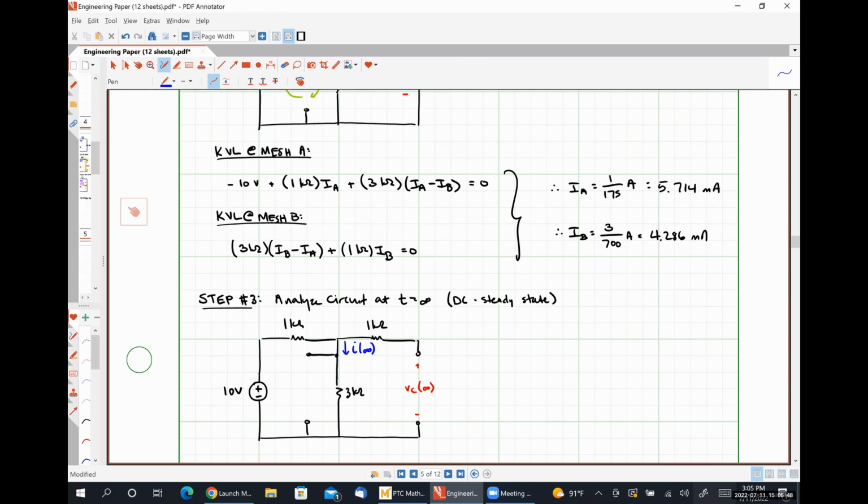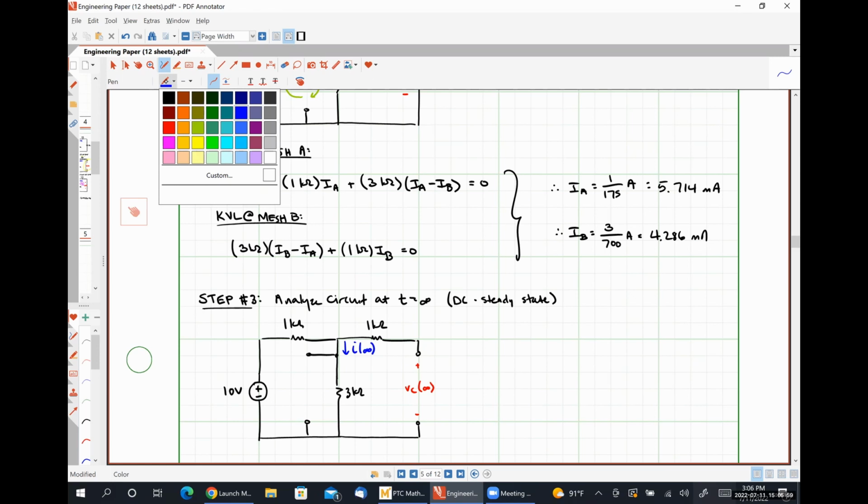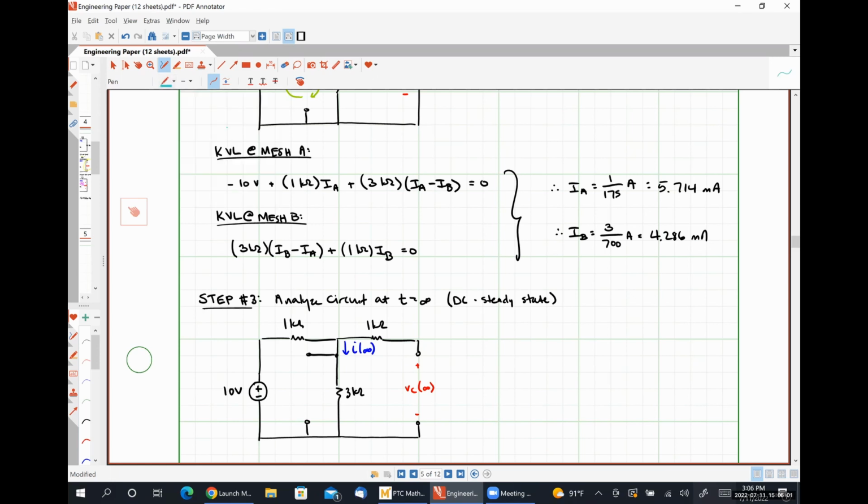All right, so what I'm going to do here is effectively very similar to what we did at t is equal to 0 minus. I'm going to start by looking at my current. So assuming that some current is leaving the 10-volt source, all of it has to flow up, and then all of it has to flow through the 1 kilo ohm resistor.